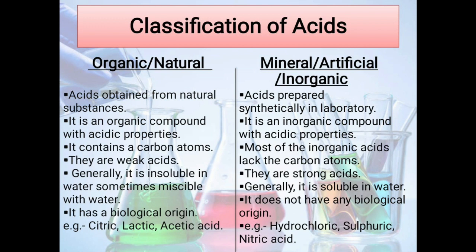And inorganic as most of the acids lack carbon atoms and do not have any biological origin. Apart from this, these mineral or inorganic acids are considered to be strong acids and they are soluble in water. For example, hydrochloric, sulfuric, nitric acids.